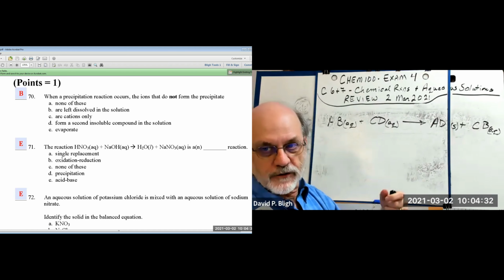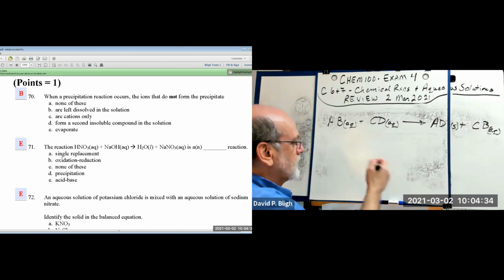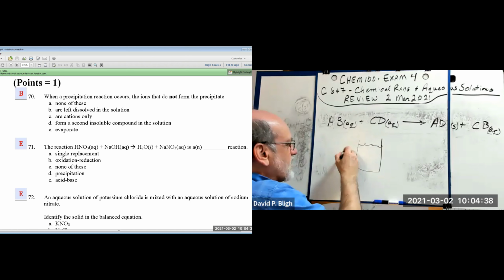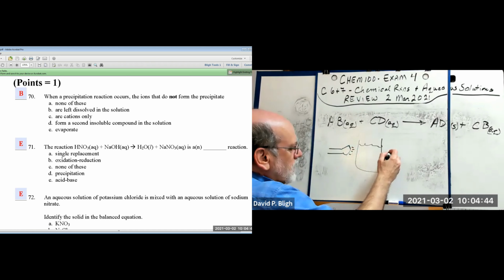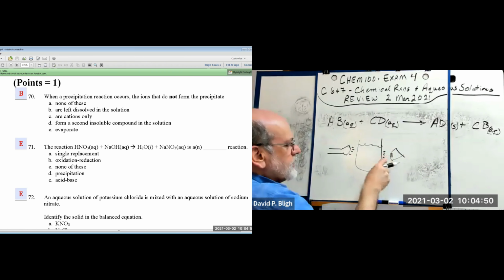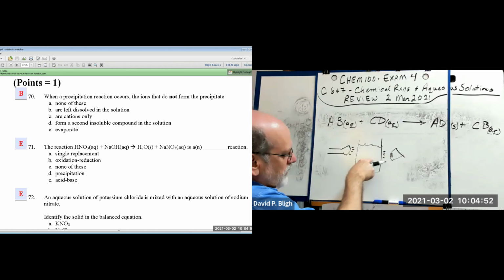And if you shine a light through the side, remember that? If you shine a light through here, and you look at the other side, you can see the light beam come through, but from this angle, you see nothing.